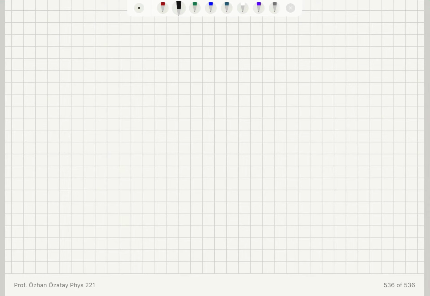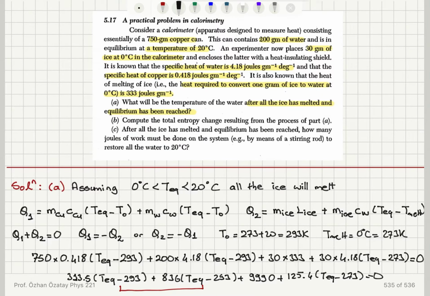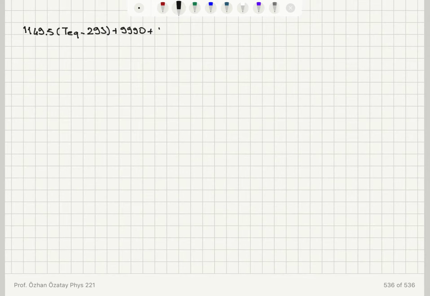So I will find that 1149.5 times T equilibrium minus 293 plus 9,990 plus the other term here was 125.4 times T equilibrium minus 273 Kelvin, which was the initial temperature of ice.